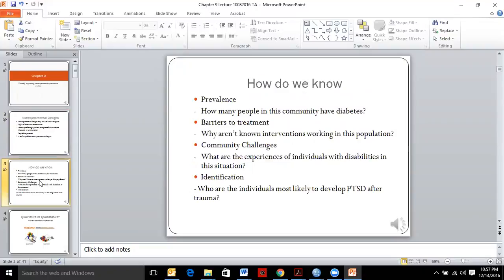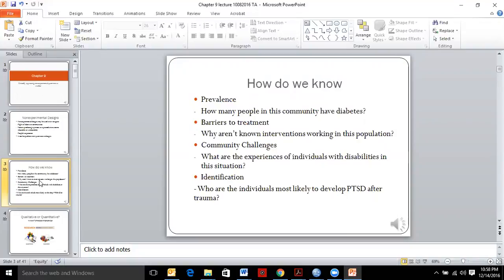So how do we know prevalence, barriers to treatment, community challenges, and identification? Sometimes we use non-experimental designs to look at the prevalence of a disease or a problem in the community. So for example, here, how many people in this community have diabetes? We also use them to investigate barriers to treatment.